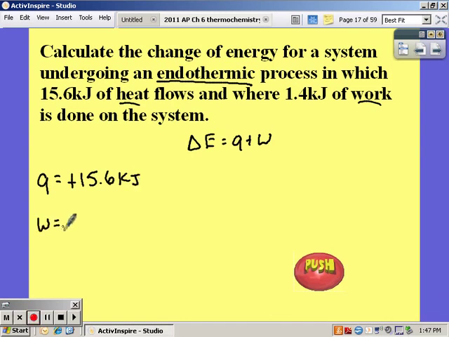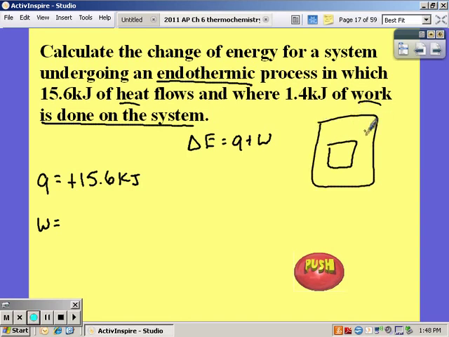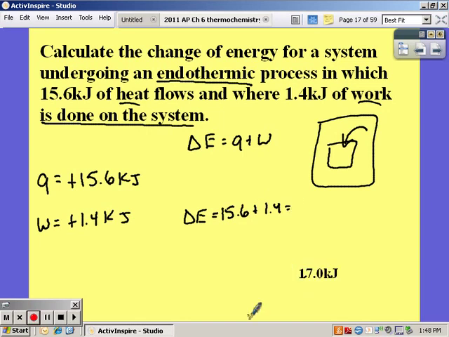While work is being done on the system, so it's going in, which is endothermic. So it's a positive 1.4 kilojoules. Plugging it into your equation, you're just going to add them up, giving you 17.0 kilojoules.